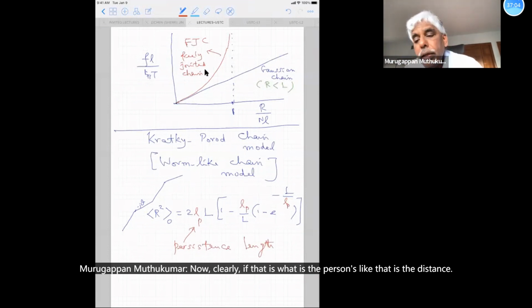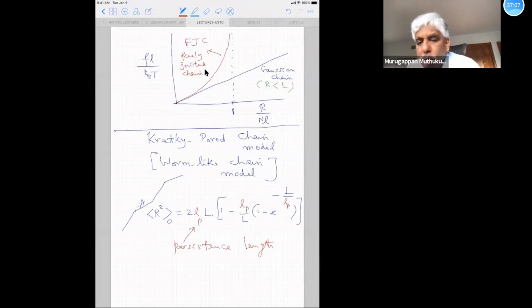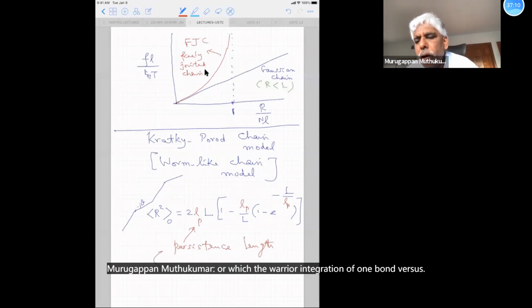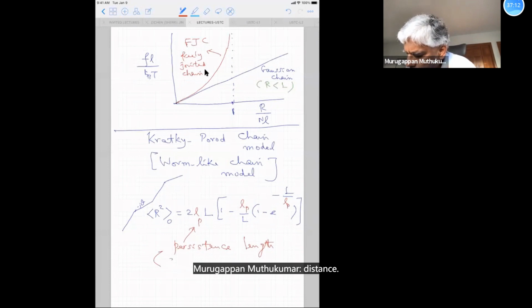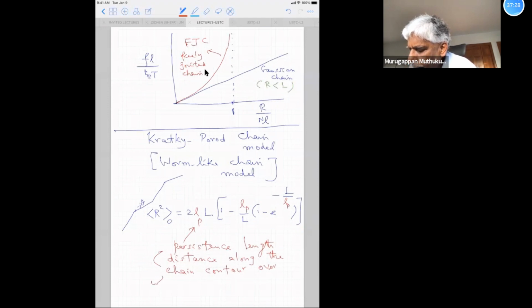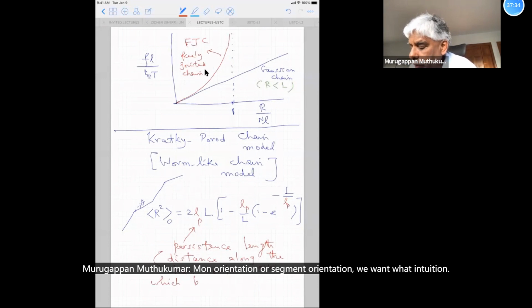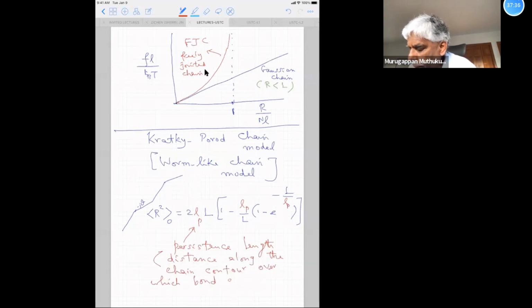It is the distance along the chain contour over which the bond orientation, or segment orientation, persists.